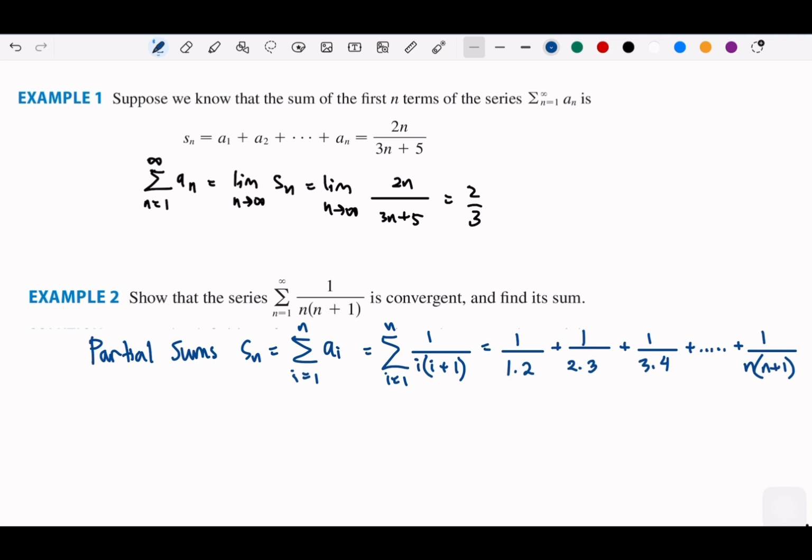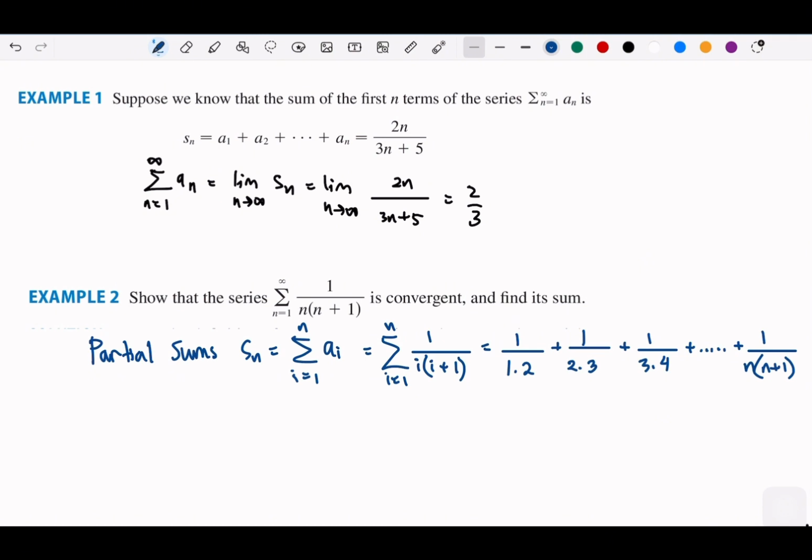Okay, now it seems that we have quite a pattern: 1, 2, 2, 3, 3, 4, 4, 5, 5, 6, and so on and so forth. And then we have this fraction, which, if you still remember, in calculus 1 we did partial fractions. Still remember?